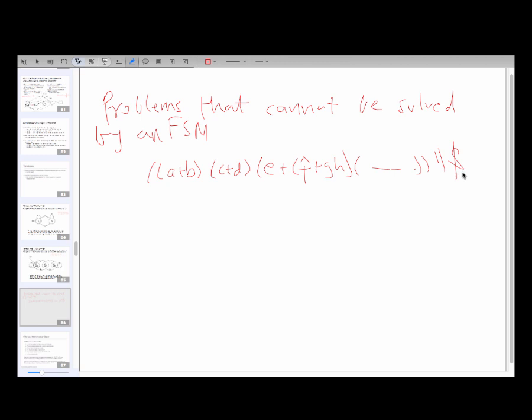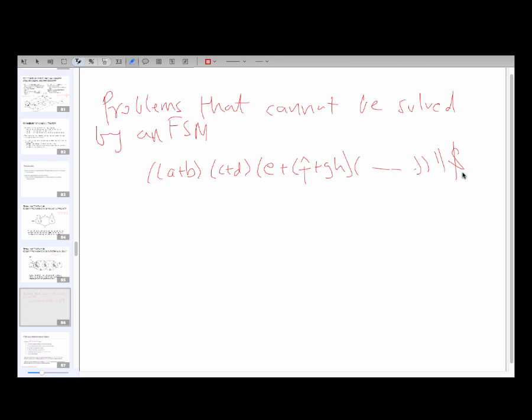So is it a well-formed arithmetic expression? Now, in this particular case, remember the string could be arbitrarily long. So I could have a galore of open parentheses, and you have to keep track of how many left parentheses you have seen. And there could be infinitely many of them. So therefore, you cannot do it with an FSM. Okay, so that's an example.